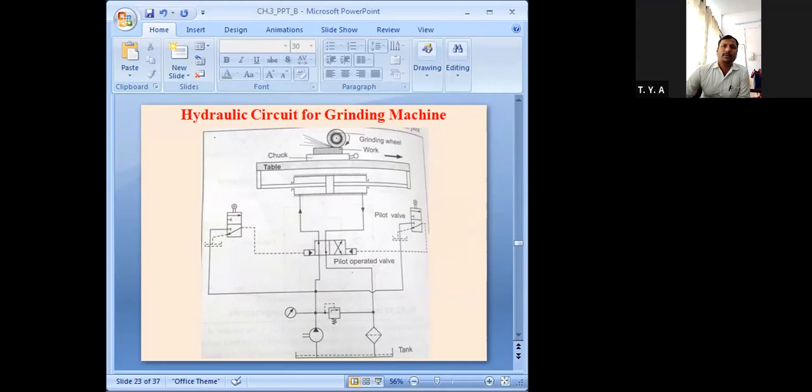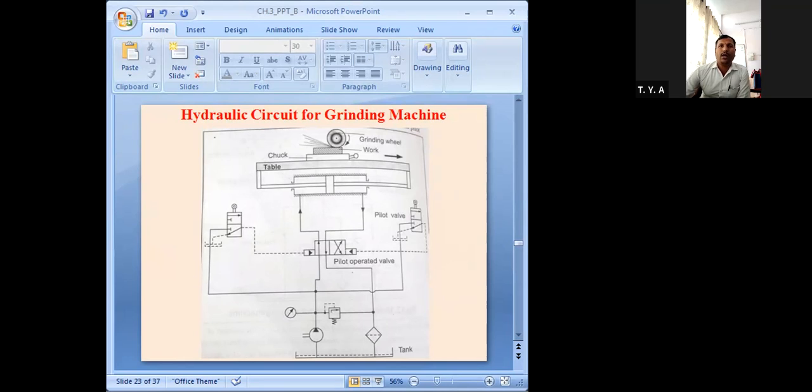So fluid will come from this port, and due to that this piston will move towards this direction. When it moves in this direction, the table also moves in this direction. And the fluid here will come from this port to this valve, B to T, and go to the tank.